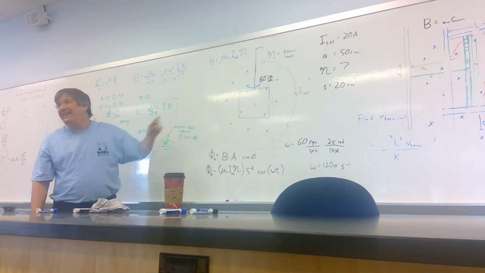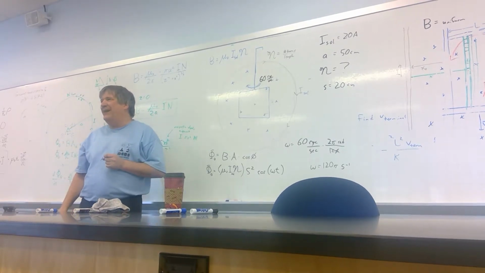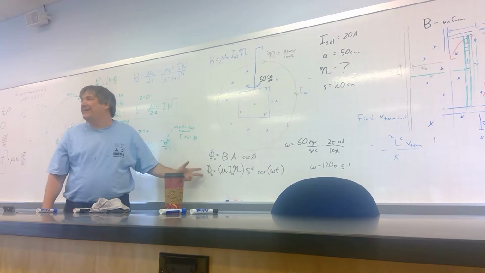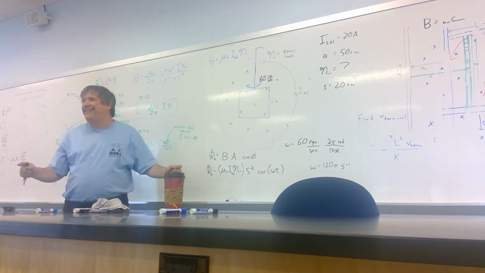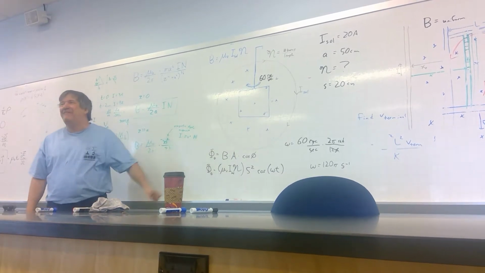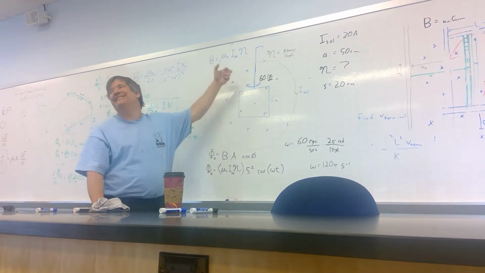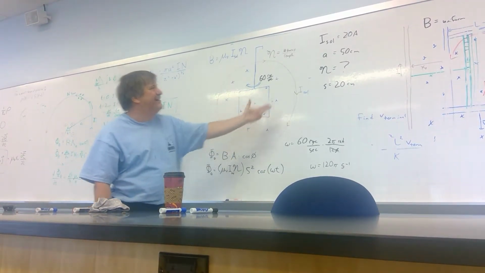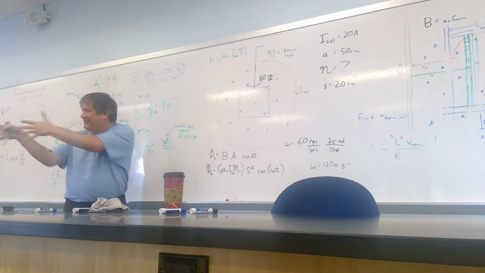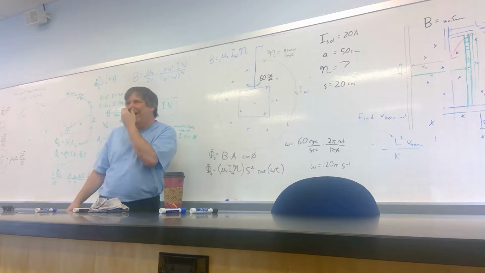I could have had the radius of the solenoid changing with time. And all of those would have given me a changing magnetic flux. Very good. Except for the radius of the solenoid, which doesn't actually matter. The radius of the solenoid, although I've given it to you, never showed up in any of my calculations. Very good. Gosh, I thought I was going to get away with that.